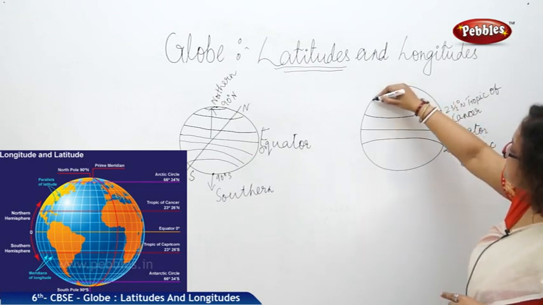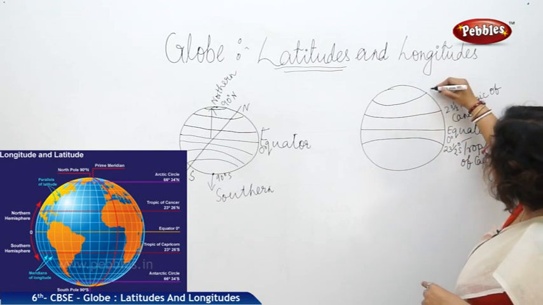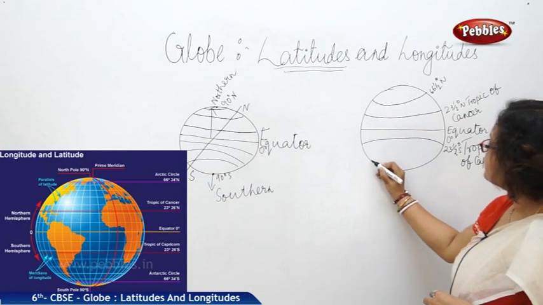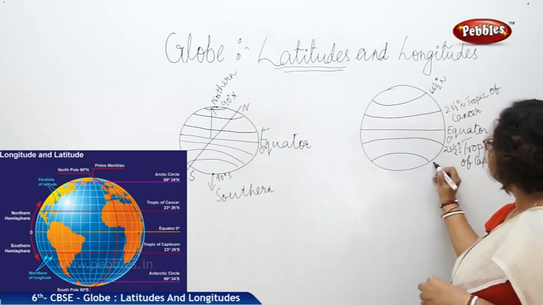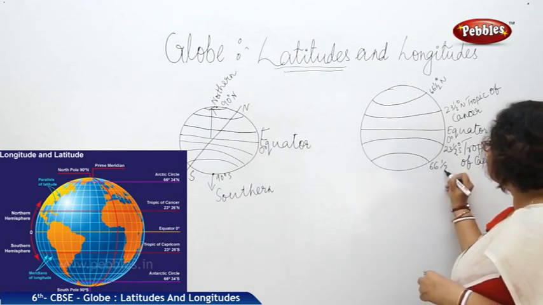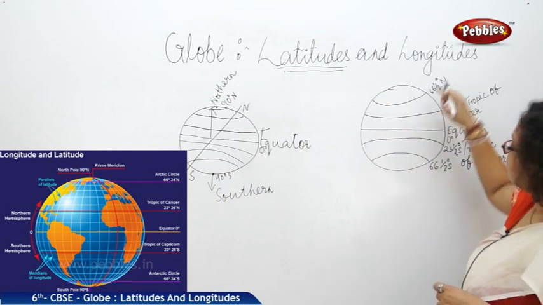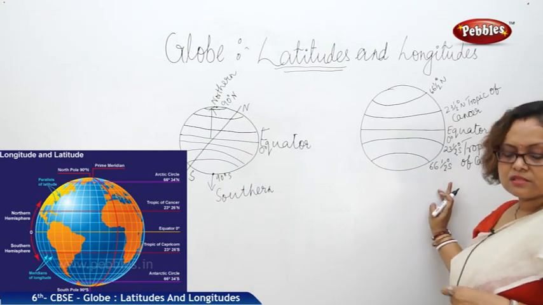Above them, at 66.5 degree, we have another two imaginary latitudes. This is the northern circle and this is the southern circle.